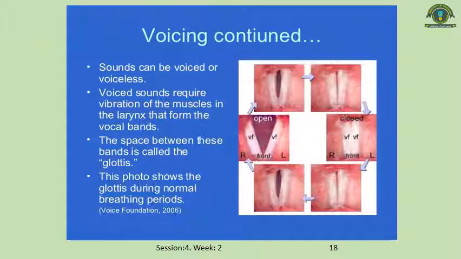When we are breathing normally, but not producing sounds, that is what this picture reflects. This is the normal condition, or the position of our glottis, when we are just breathing. Are you getting my point? All right, that's good.